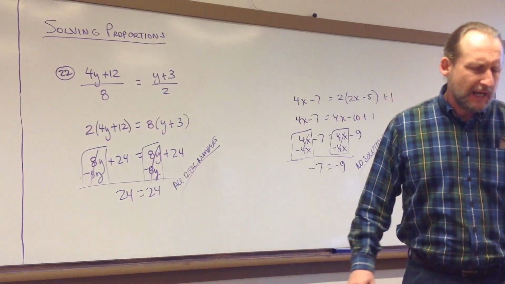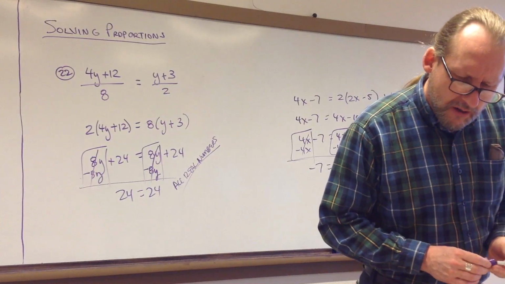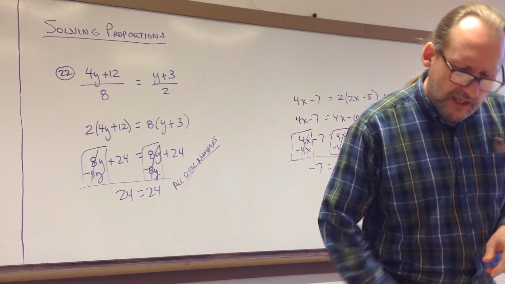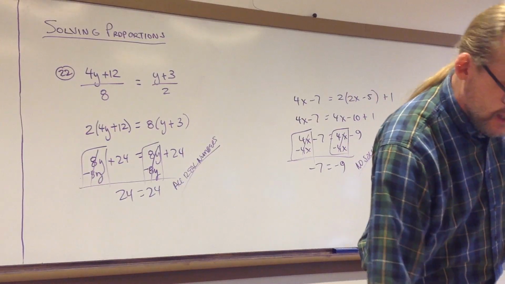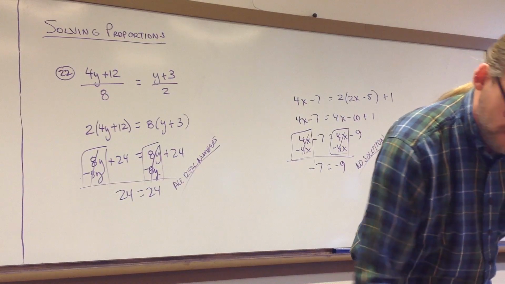I wouldn't worry too much about it. It's kind of an interesting thing. However, like I said, you won't see it on your quizzes and tests. And in fact, I'm just looking at the answer key for the odd problems. It doesn't show up in the odd problems at all.